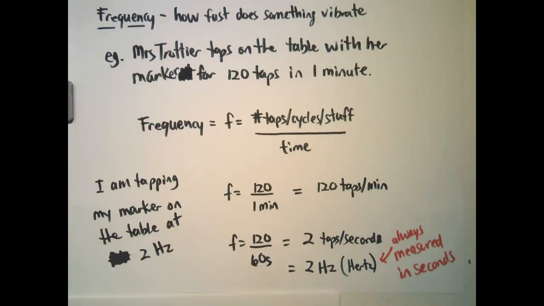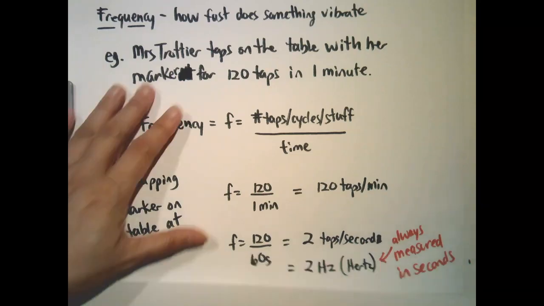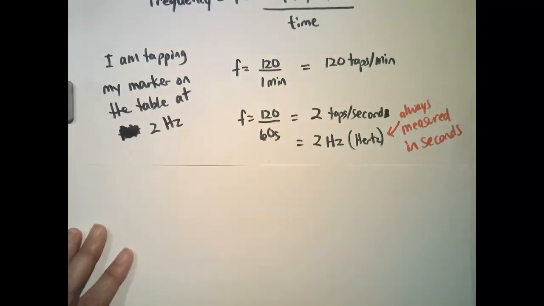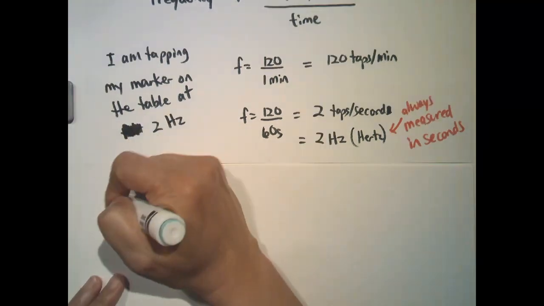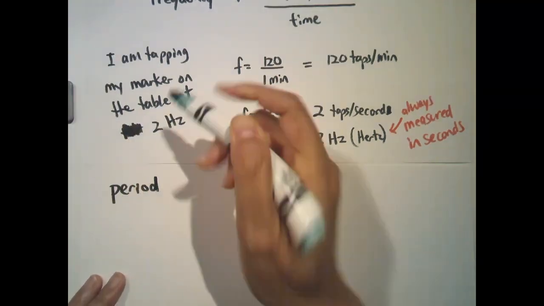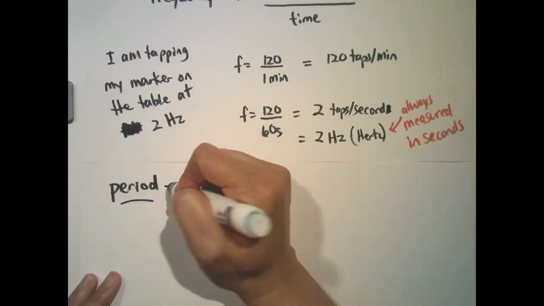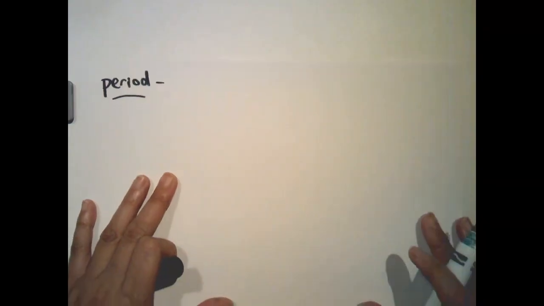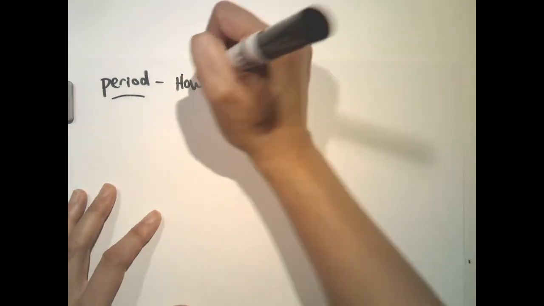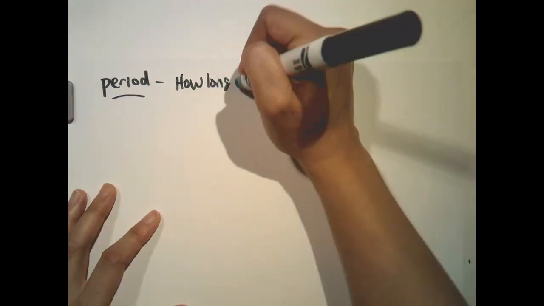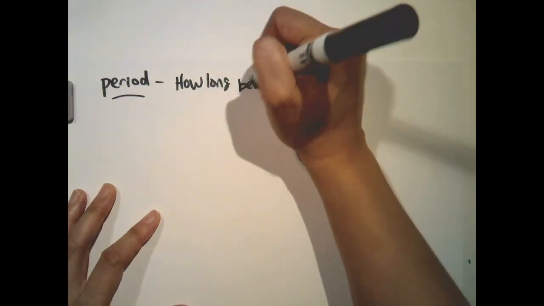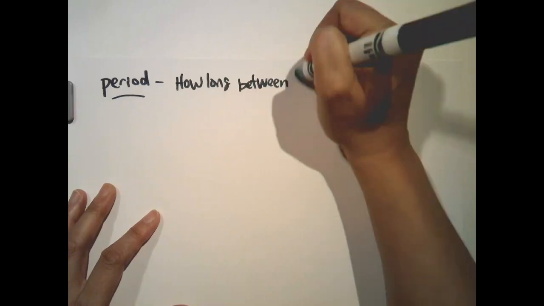And that's also a measure of how fast a marker is tapping, right? And so we measure that in another way called period. With period, it's very similar to frequency, except it could be described as how long between taps.